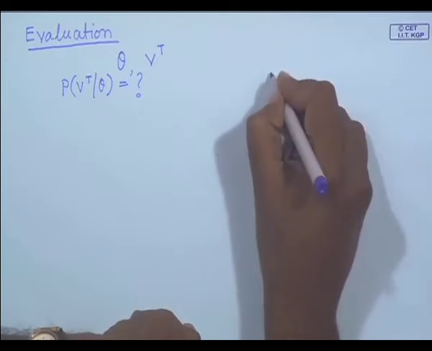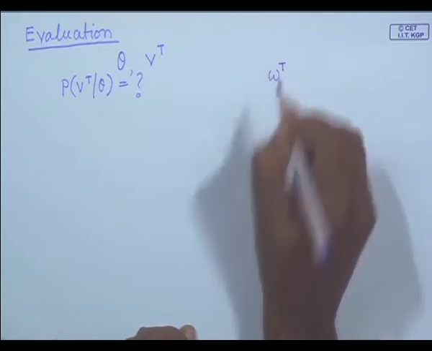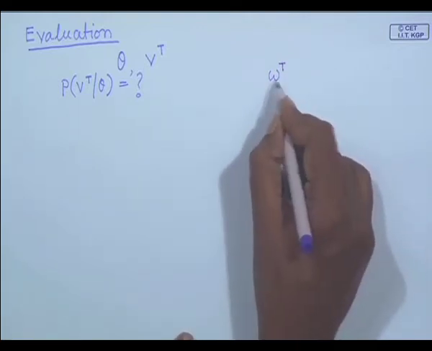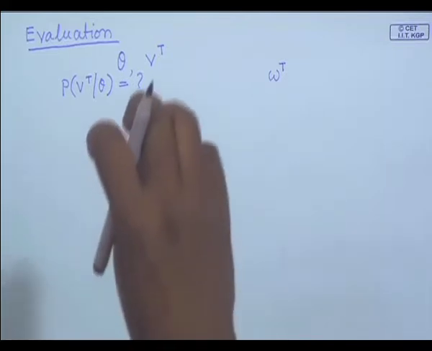Now, what I can do is try to find out all possible sequences of the hidden states of length capital T. That is the crude approach: all possible sequences of omega^T. As we said earlier, this omega^T is nothing but a sequence of T number of invisible states.